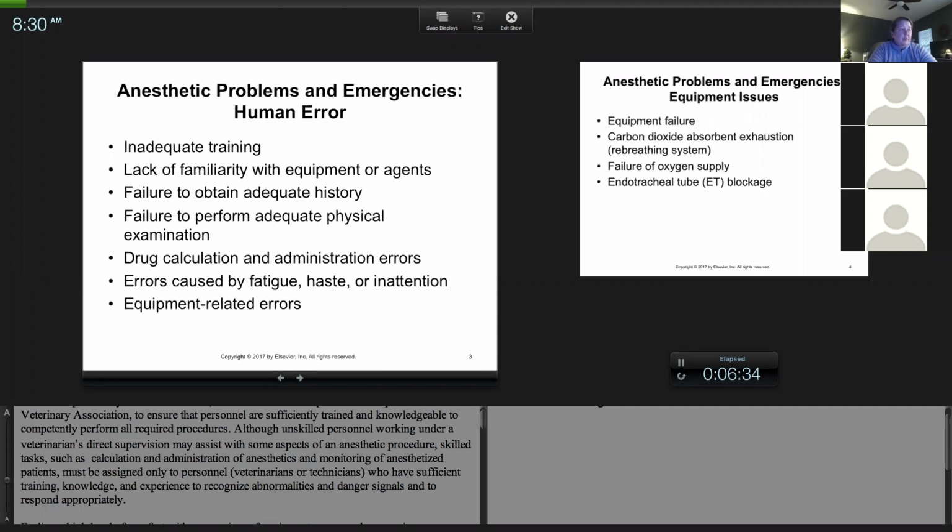I've told you guys the key to safe anesthesia is know your patient, know your drugs, pay attention. Most animals do not go into spontaneous cardiac arrest, where one minute they were 100% normal and the next minute they were 100% dead.